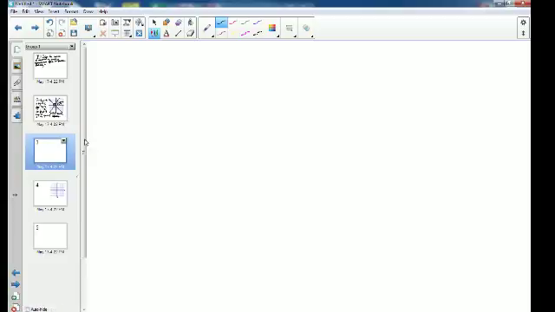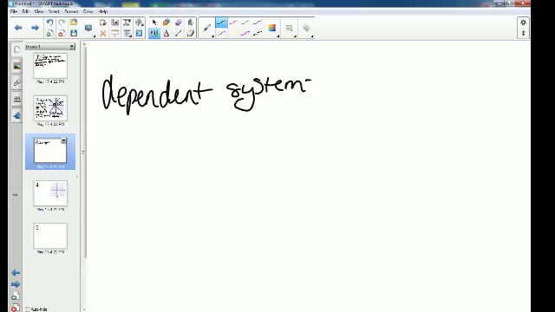Dependent systems have the same slope, and there is also an infinite amount of solutions for dependent systems.